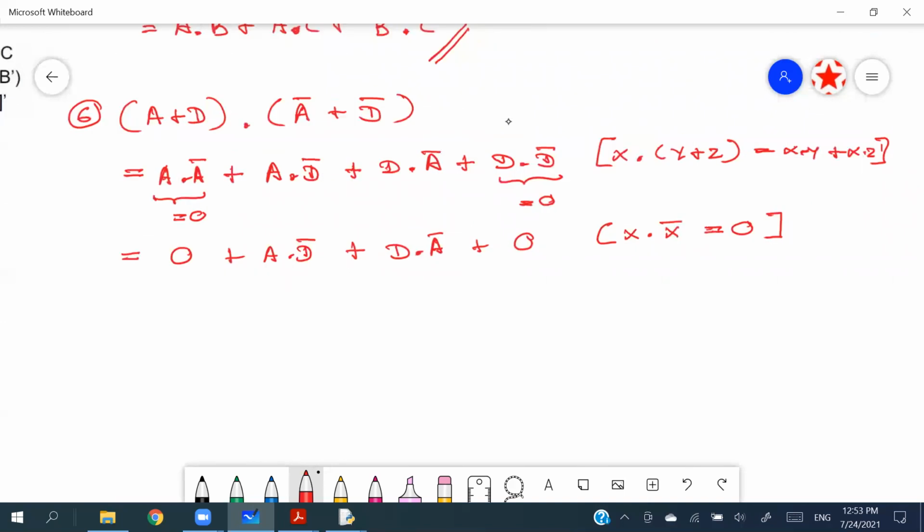Right? So now we can say A dot D bar plus D dot A bar is remaining. The reason is x plus 0 equals x.